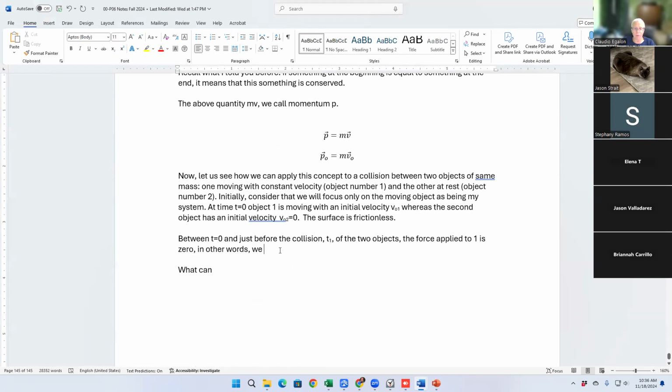In other words, we do have conservation of linear momentum for object number 1 alone within the following time interval: 0 less than t less than t1.